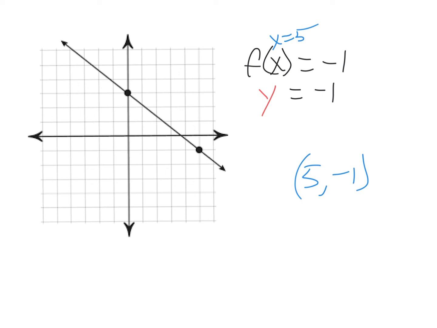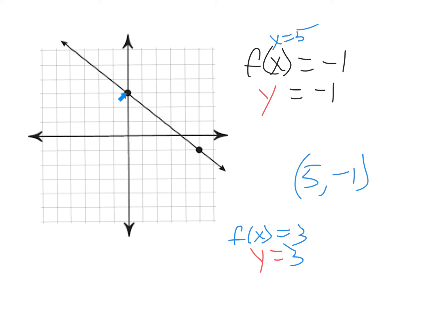Or same thing on this example, if we said f of x equals 3, then what we know is that y equals 3. Well, if we know where y equals 3, then we can determine what the x is.